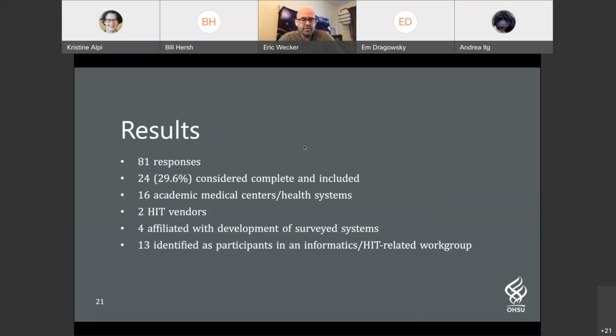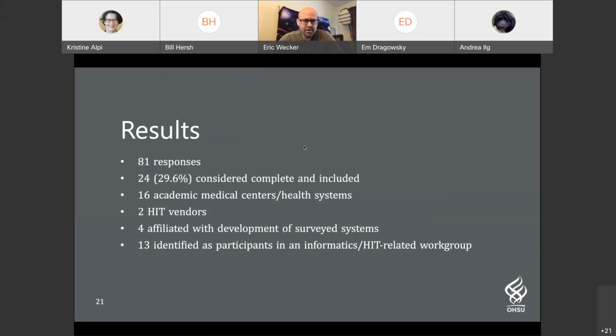And the respondents were from, these are not exclusive categories, 16 academic medical centers or affiliated health systems that had representatives who responded, 2 health information technology vendors. 4 respondents were at institutions that were affiliated with the development of the systems that were surveyed specifically.